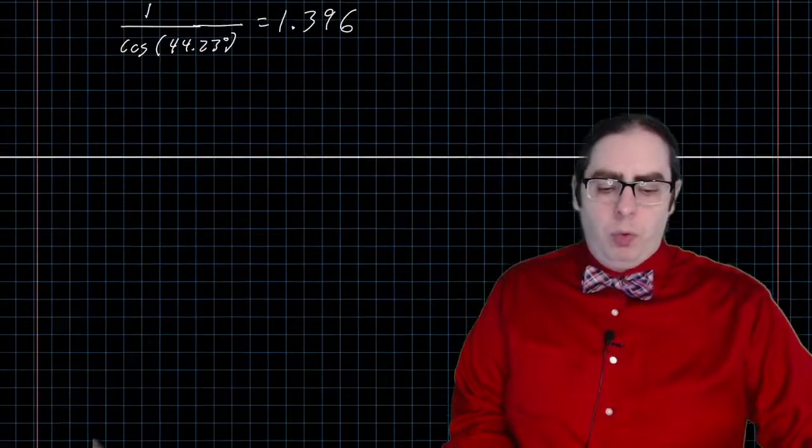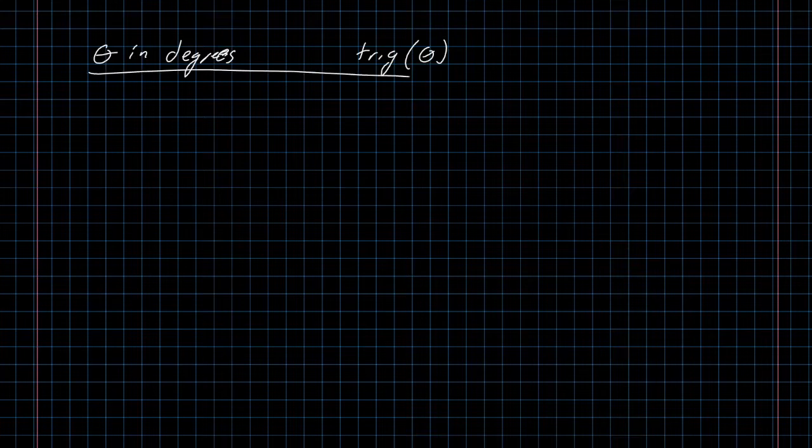The rule for rounding trigonometric functions is a little bit clunky at first, but you can get used to it and it will start to make sense. If I have an angle theta in degrees, and then I want to evaluate the trig function for that angle.